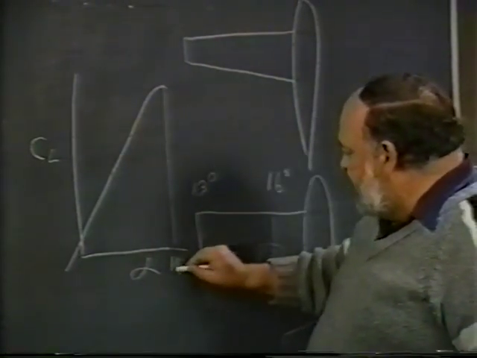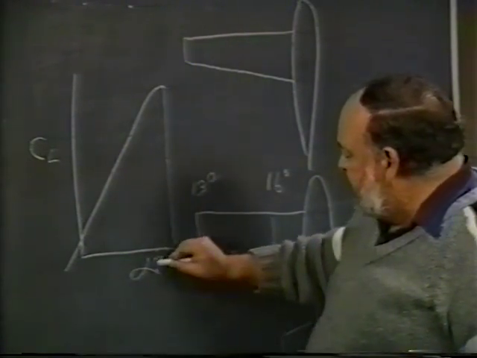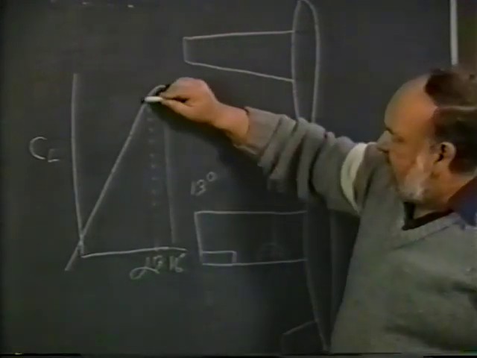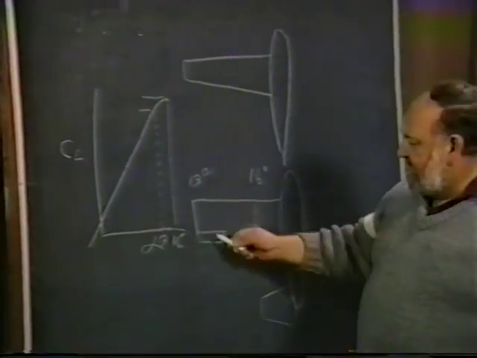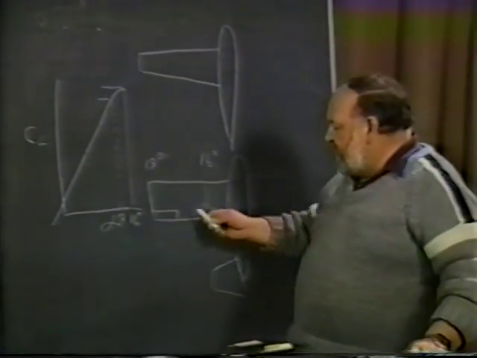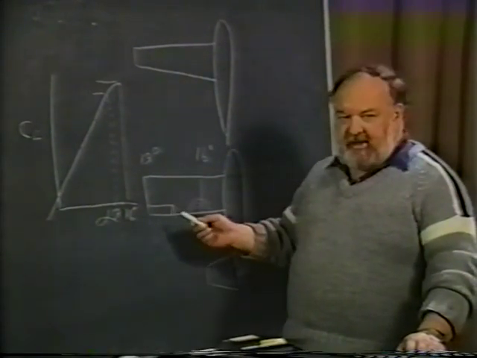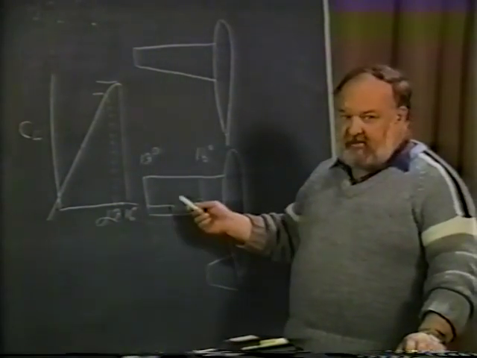If this was 16 degrees, that would cause it to stall, and if this is 13 degrees right here, you can see that there is a reasonable portion of maximum CL that this outboard section isn't going to ever be able to generate. So for that amount of area and for that airfoil section, you're not getting all of the lift that you possibly can. It may not be too far away from maximum, but it still is a factor, and it depends on how much twist you put on.